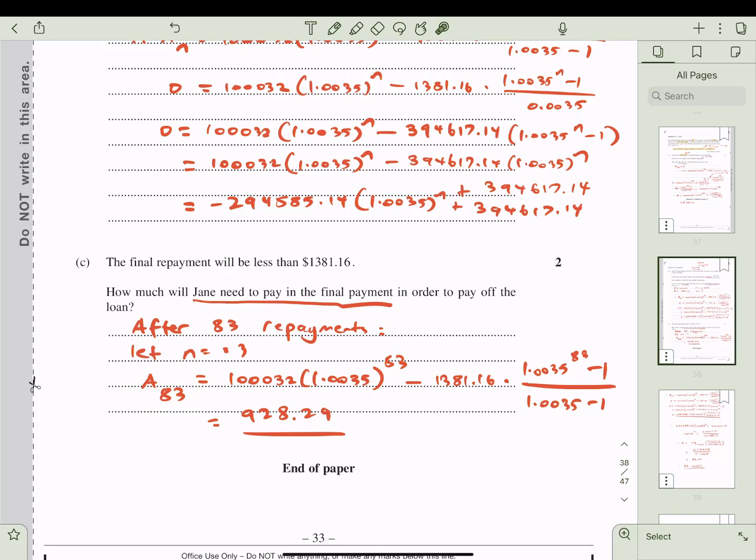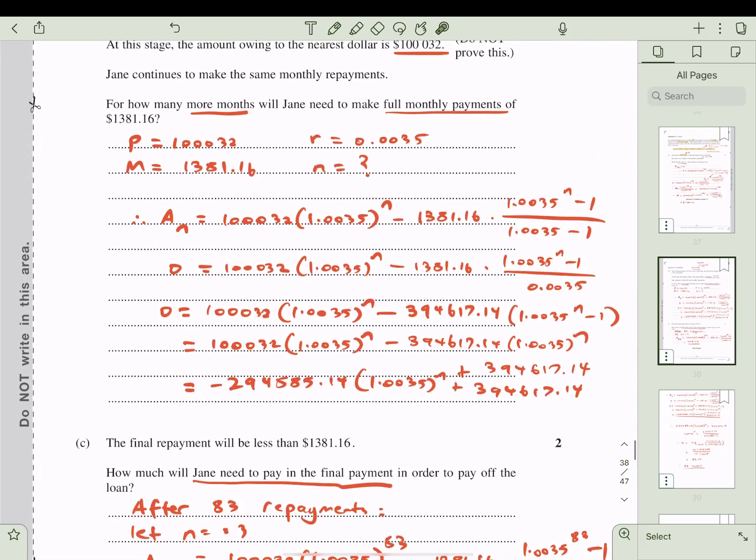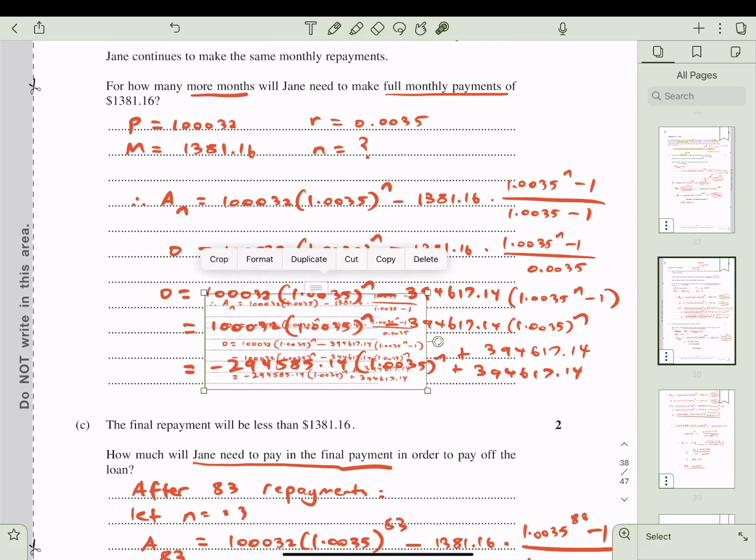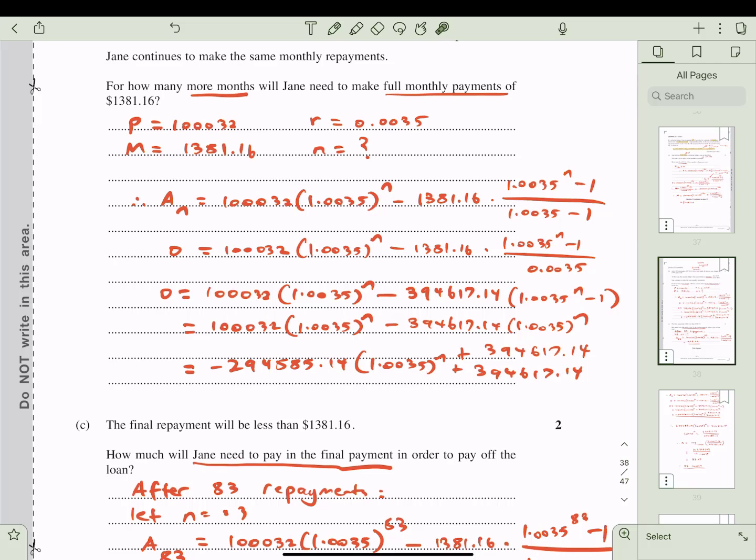This is the amount outstanding in my loan after 83 months. My 84th repayment, however, is 1 month later or 1 month after this. And during this month, remember that interest is compounded. So during this month, I still have to generate interest.